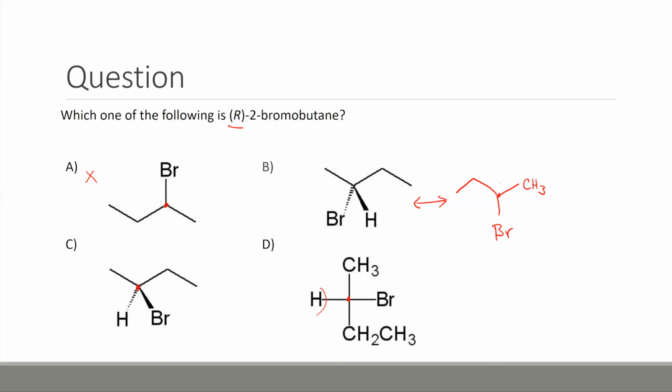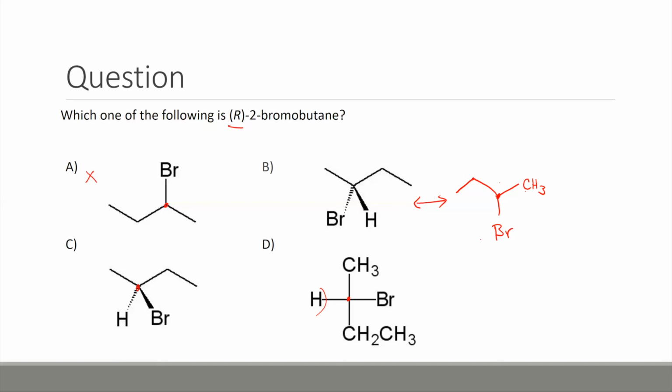So now let's assign our molecules and figure out which one is R and which one is S. So to assign, remember, atomic number: the center carbon, the chiral carbon, is attached to a bromine, this carbon with 3 hydrogens, and this carbon with 2 hydrogens and a carbon attachment to it.